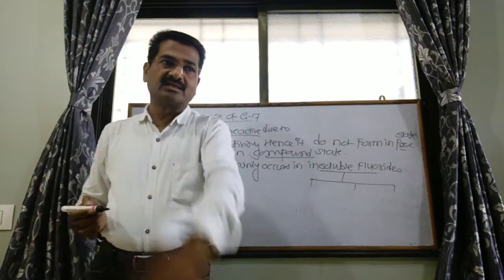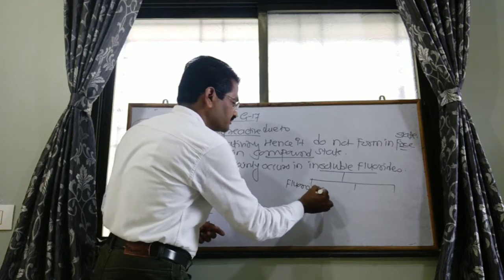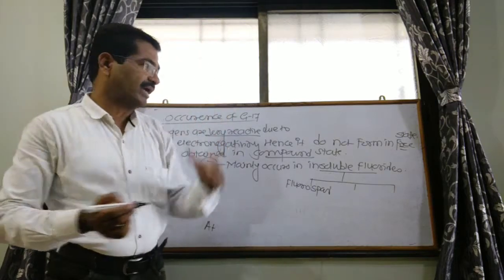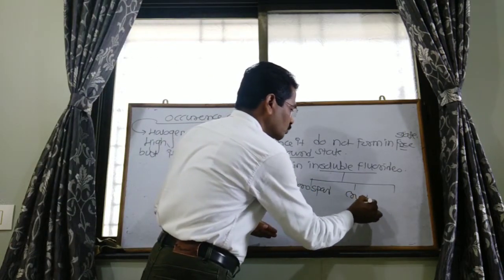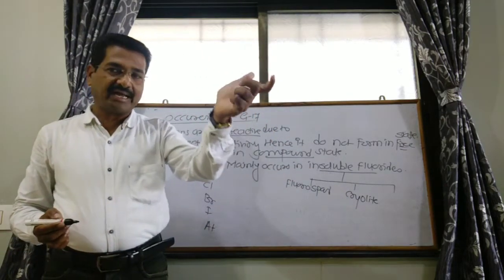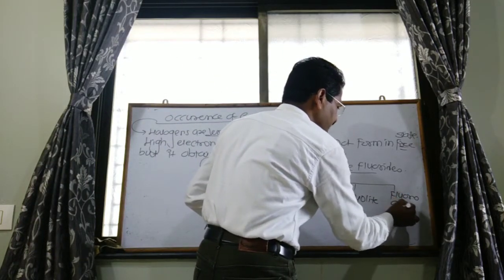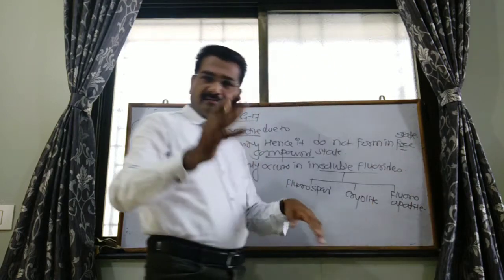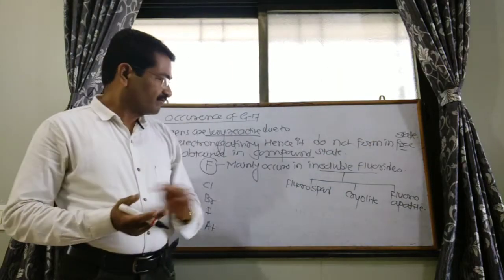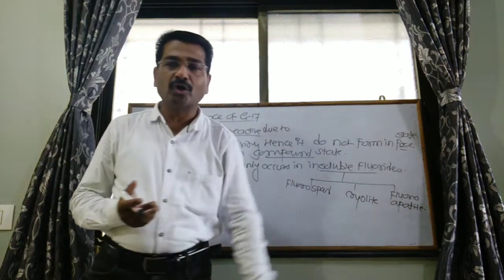First fluorospar, second cryolite and third fluoroapatite. Fluorine mainly occurs in insoluble fluoride salts.